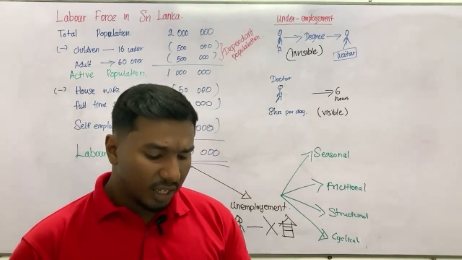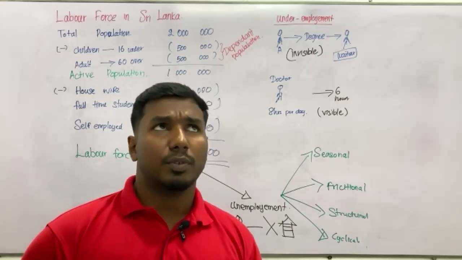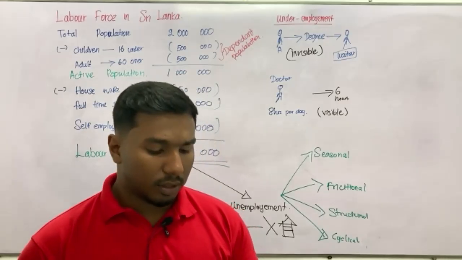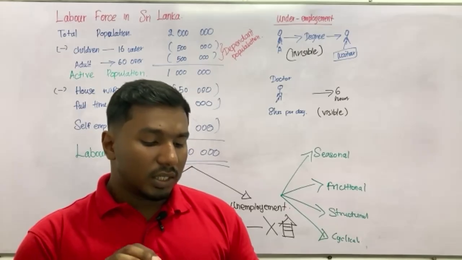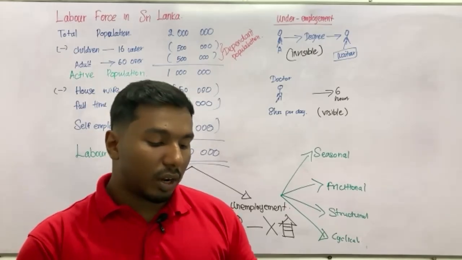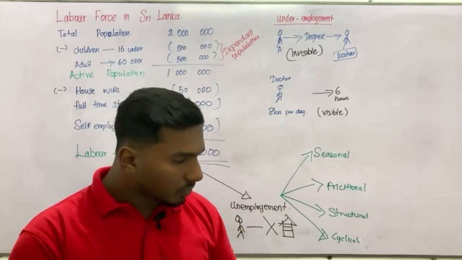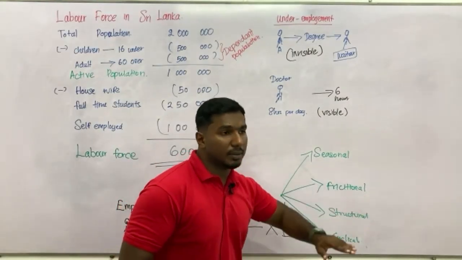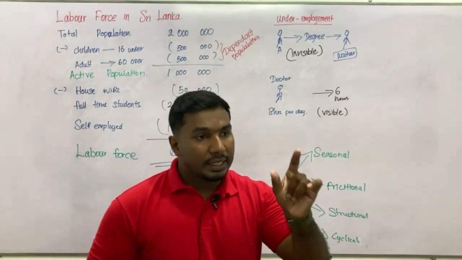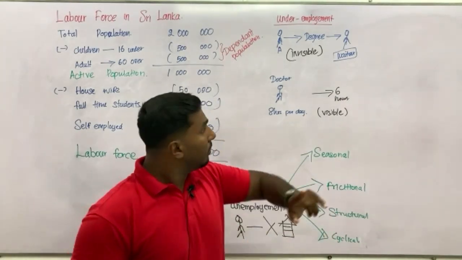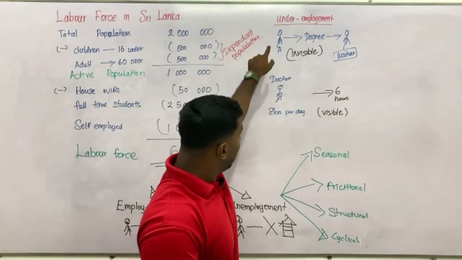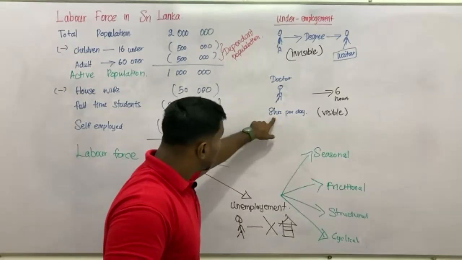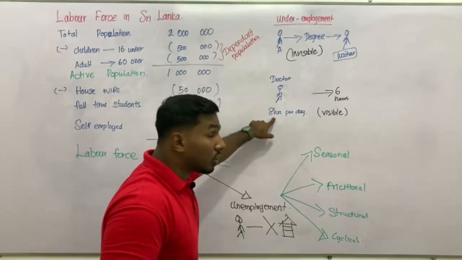Second one, frictional unemployment. What is meant by frictional unemployment? Workers temporarily unemployed while transitioning between jobs. Imagine this person A is leaving his waiter job and applying for a doctor job.